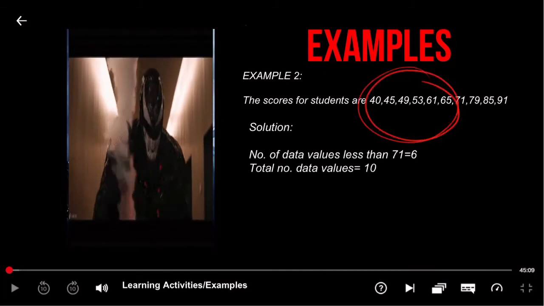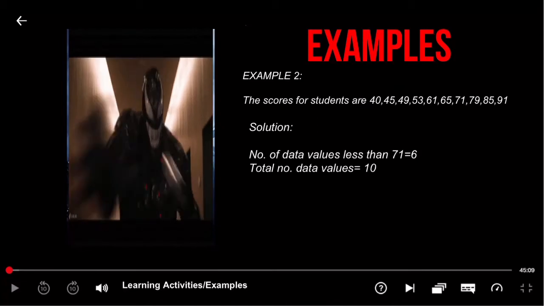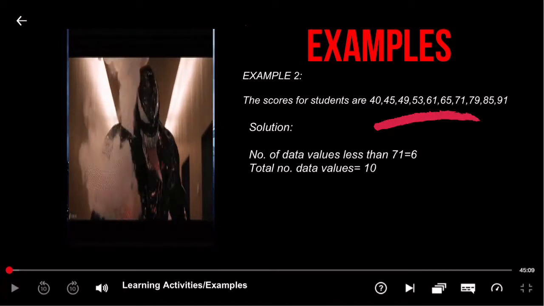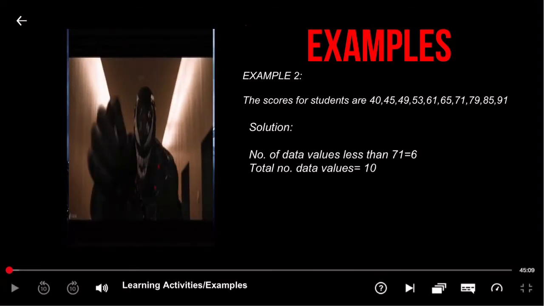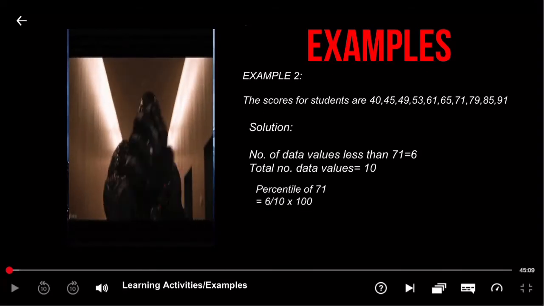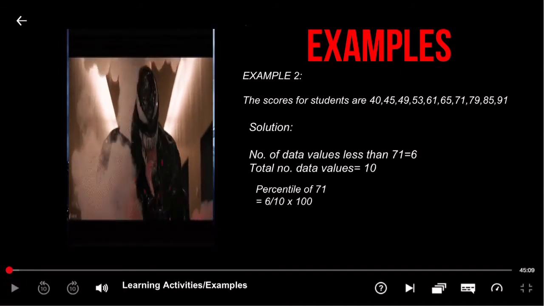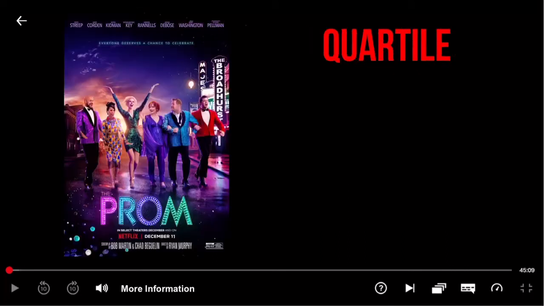We have 65, 61, 53, 49, 45, and 40. And the total number of data values is 10. This is the solution. Percentile of 71 is equal to 6 over 10 multiplied by 100. 0.6 multiplied by 100, we have 60.